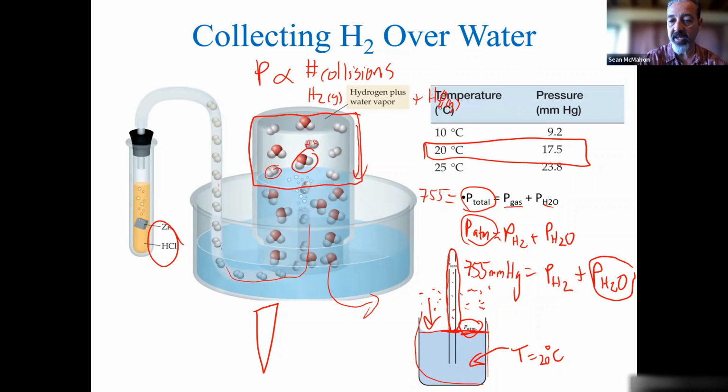So I'm going to assume that this water vapor is also 20 degrees Celsius. So now I can substitute the pressure of the water vapor that's being collected simultaneously with the gas I produce, which is 17.5 millimeters of mercury. And now I can just subtract 17.5 from both sides to get the pressure of the hydrogen.